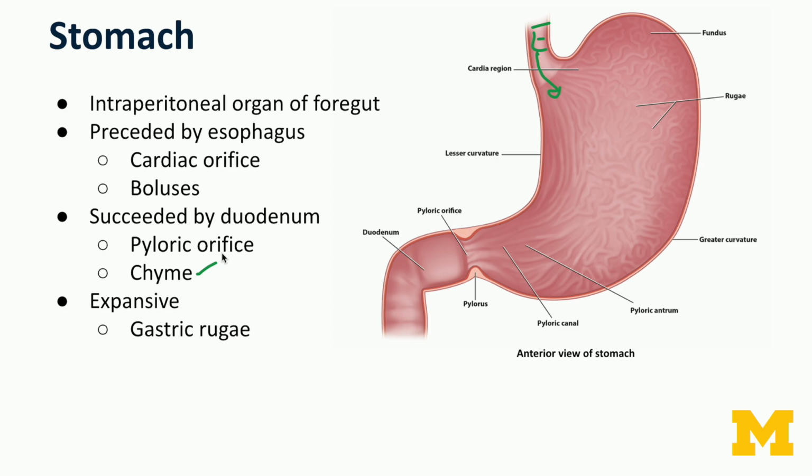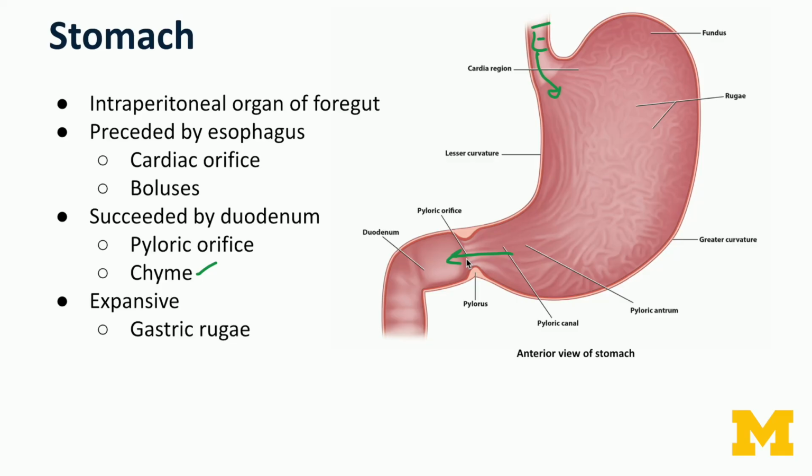The stomach along the gut tube is succeeded by the duodenum. And so you have chyme ejected through the pylorus, through the pyloric orifice, into the proximal or first part of the duodenum. The stomach, very thankfully, is an expansive organ.